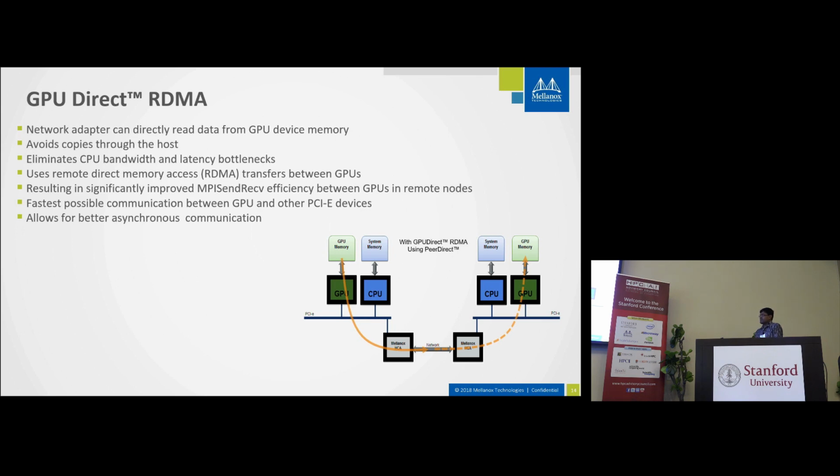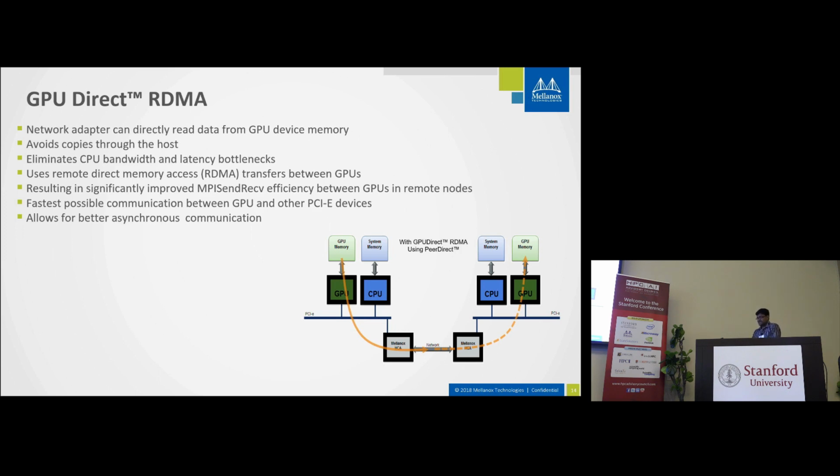Earlier, when GPU Direct RDMA was not there, the data had to be staged to the host memory, then from host memory to the adapter, then adapter to the remote adapter, then on the remote side again to the CPU memory, and from CPU memory to the GPU memory. So there were a lot of levels, and the latency is very high in that case.